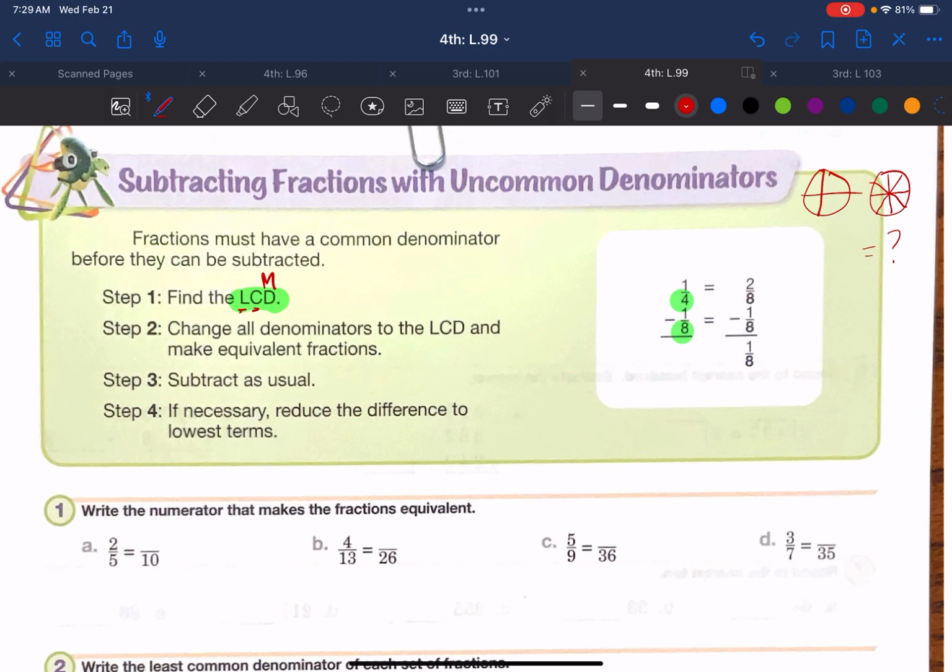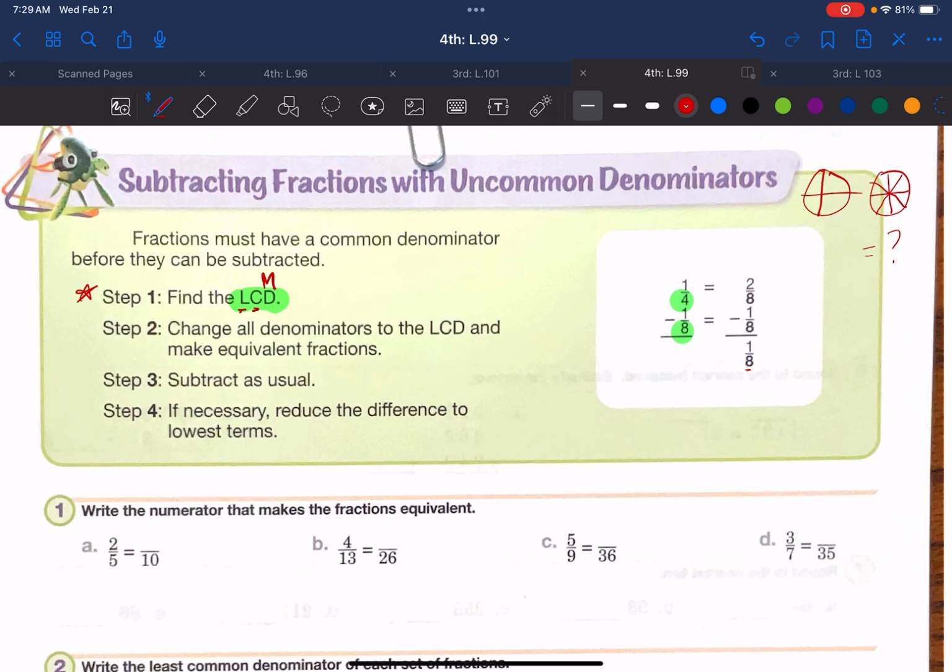I know the fact family 8 and 9 makes 72. If I divide it by 8, my answer is going to be 9. But if I divide it by 9, my answer is going to be 8, and 8 is smaller. So if we're reducing, we want to get to the smallest term, which means we want to use the greatest number. But here, we want to find the least common because that's going to get us our smallest denominator.